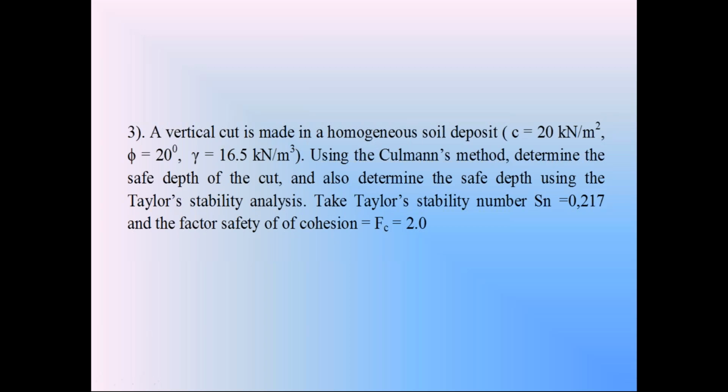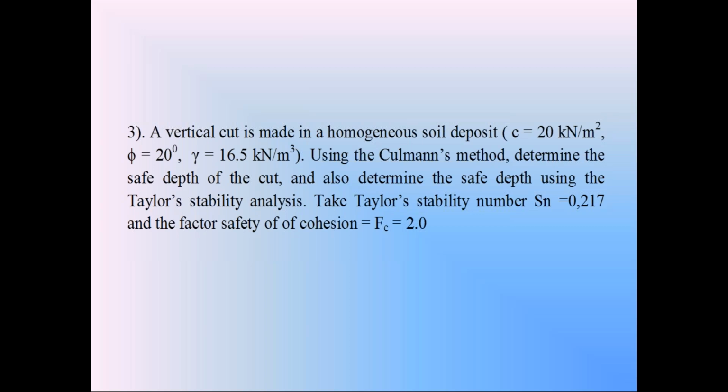Please remember, whenever we make a vertical cut, it is also a soil slope. The vertical cut is also a soil slope, but in the vertical cut, the angle of soil slope i is equal to 90 degrees. That is the only difference.